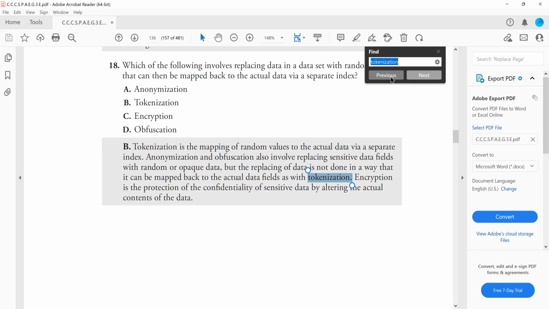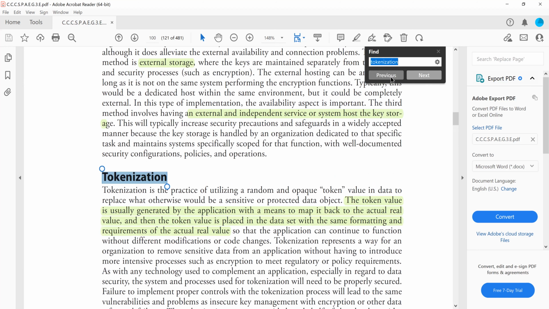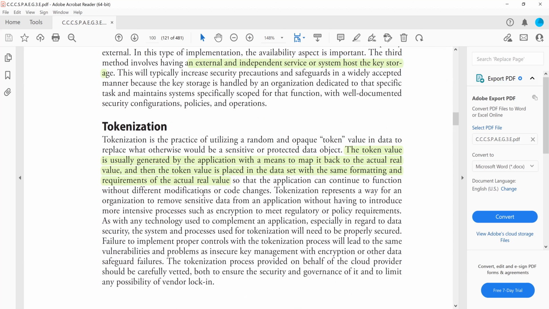It is mentioned in the book as random. So no, you did not read it properly. In which page? Here, in the first one, tokenization. If you read it, random. Okay.